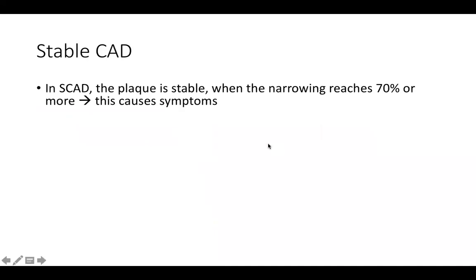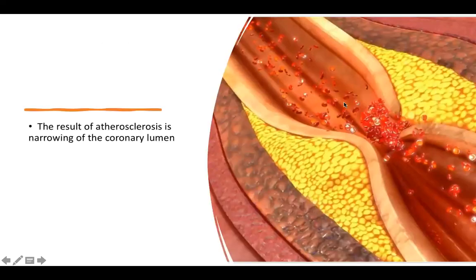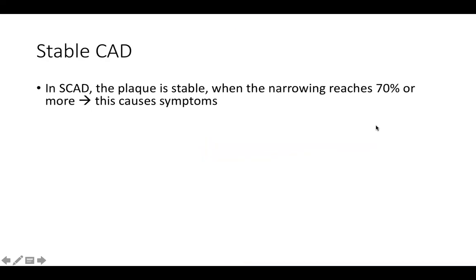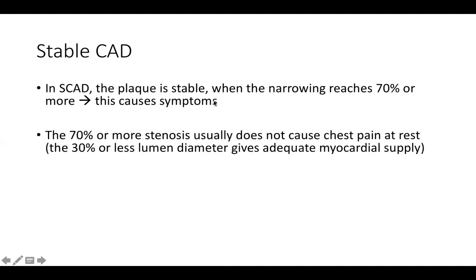So what happens in stable coronary artery disease? In stable coronary artery disease, the plaque is of the stable type, and we will know shortly what is a stable plaque. This atherosclerotic plaque keeps growing and growing, and when the narrowing of the coronary lumen reaches 70% or more, the patients start to complain of symptoms.